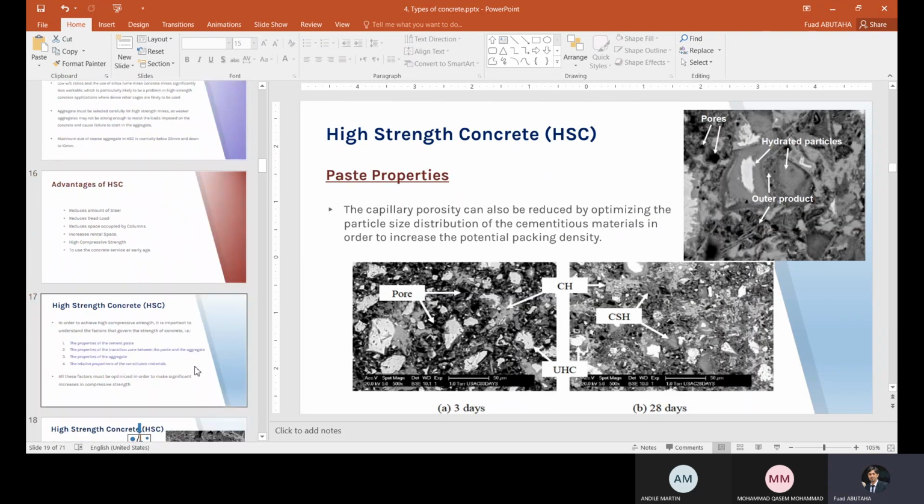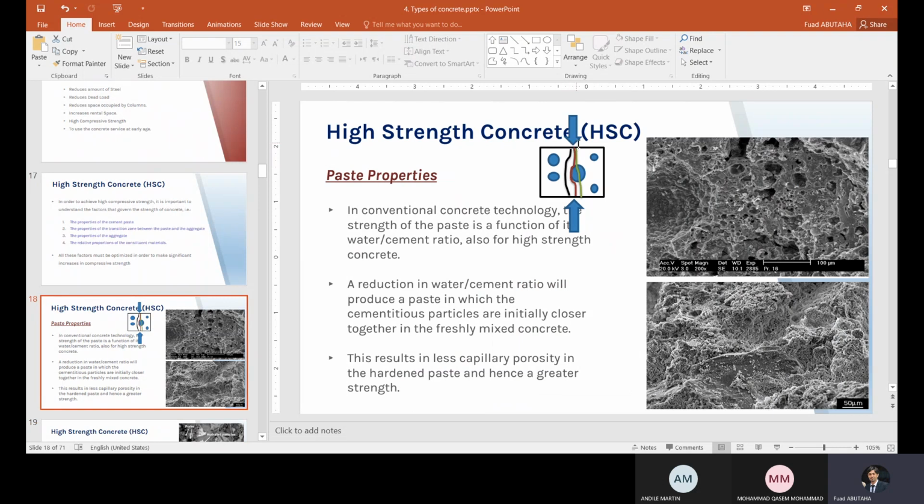The second parameter is the aggregate and cement paste bond. This is also a factor that you need to look at in order to guarantee a good bond between both of them, in order to avoid any crack or any failure that can come through this.